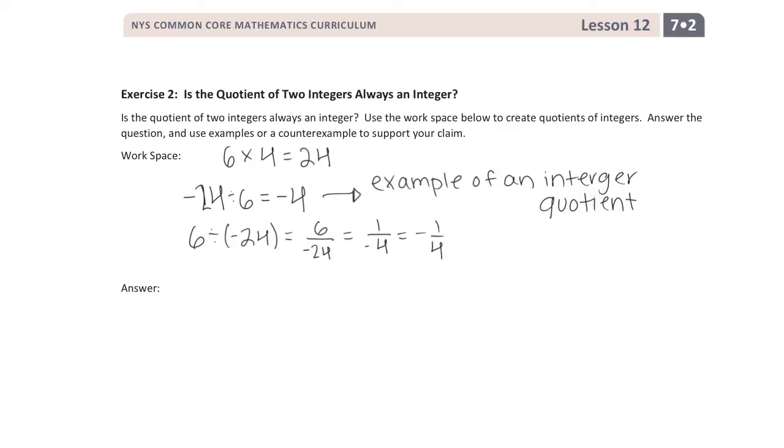Well, let's look here. We have an integer divided by another integer. But our answer is a fraction, and fractions are not integers. So this counterexample has a non-integer quotient.